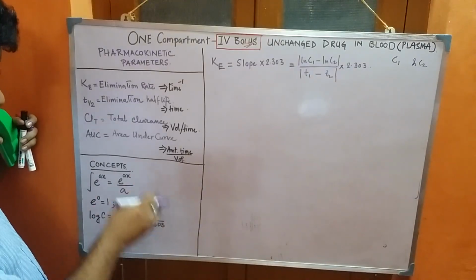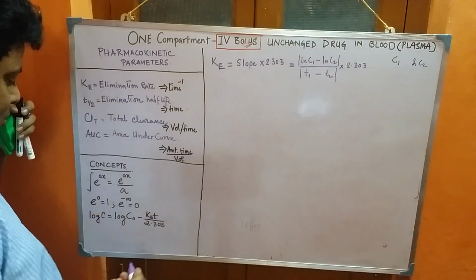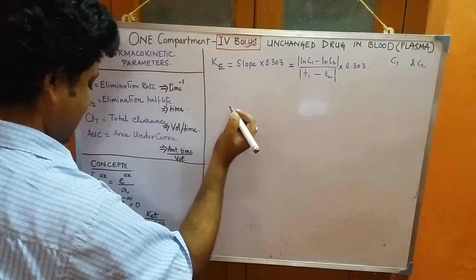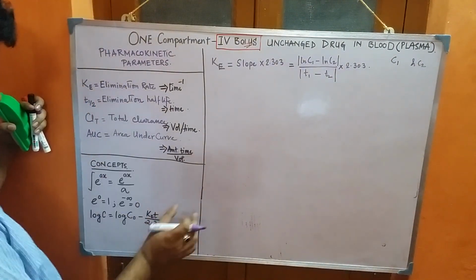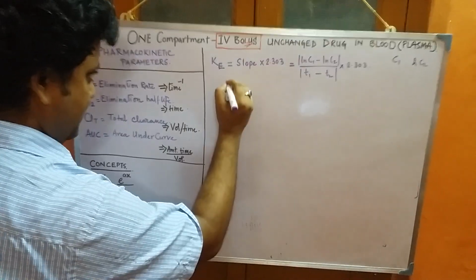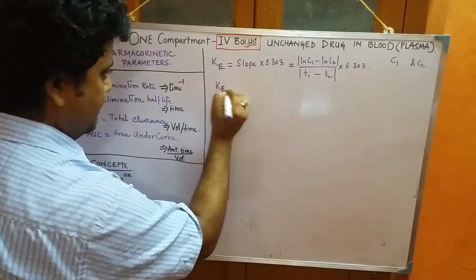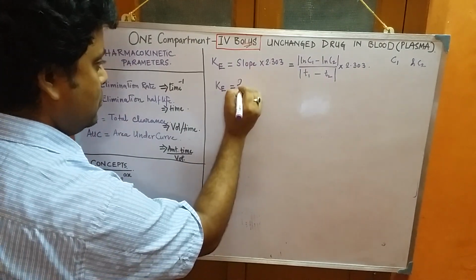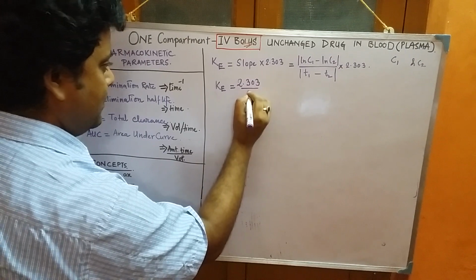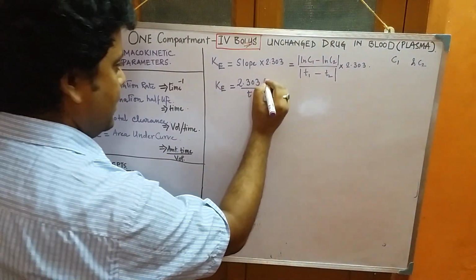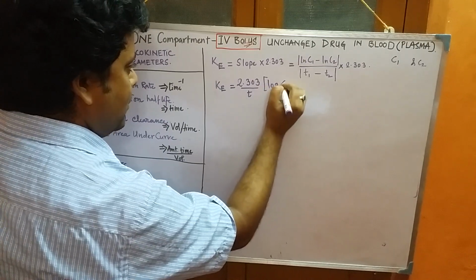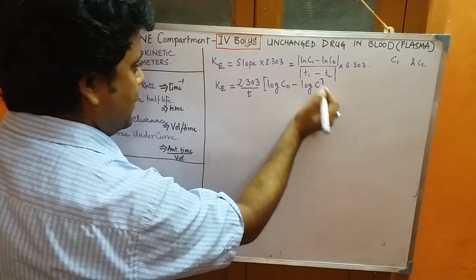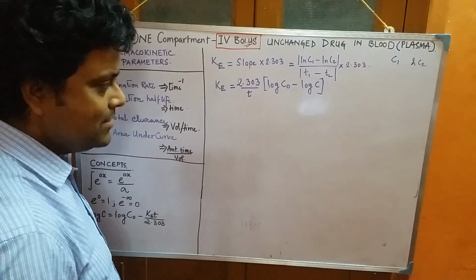Or else you can just rearrange this equation. If you rearrange the equation, you take the Kt to this side, so it becomes Ke equals 2.303 divided by T into log of C naught minus log of C. You can also write this as log of C naught by C. It's up to you.